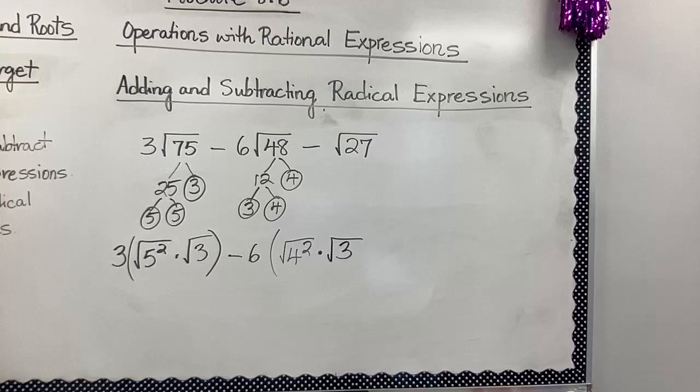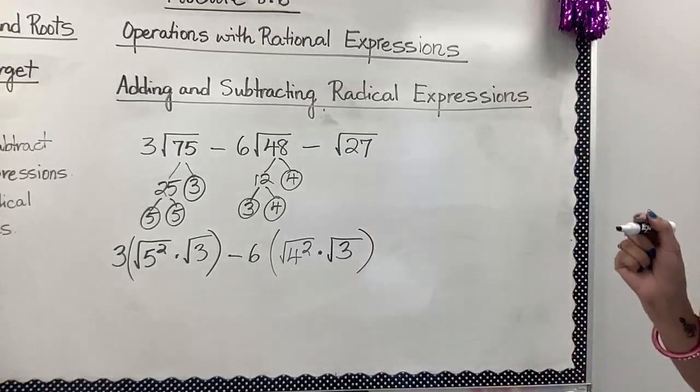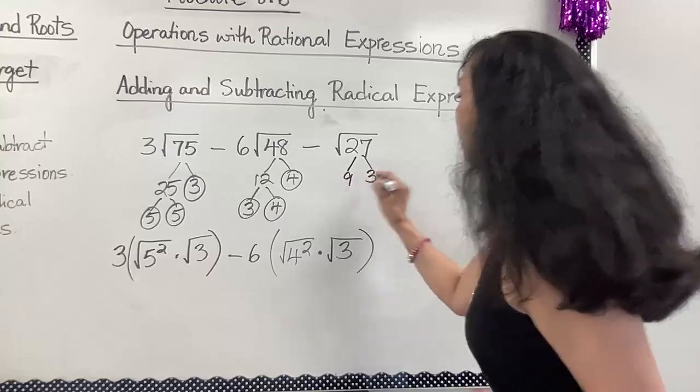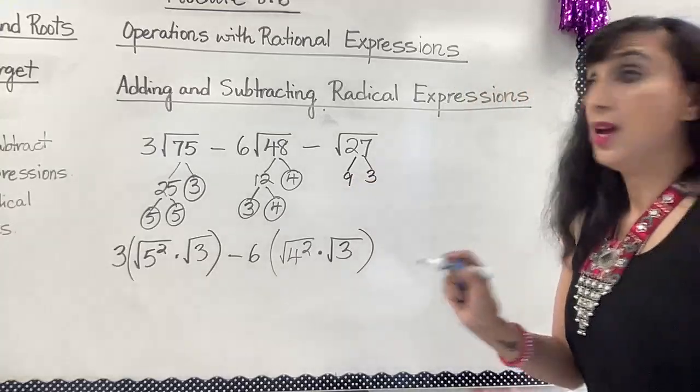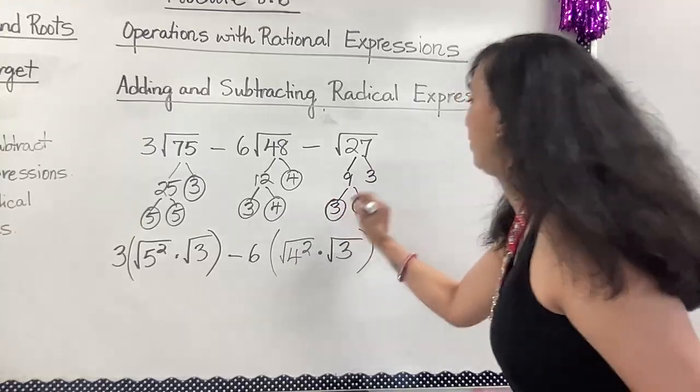And so next I'm looking at 27, and I know that 9 times 3 gives me 27. And then also 3 times 3. So look, there's my 3 squared.